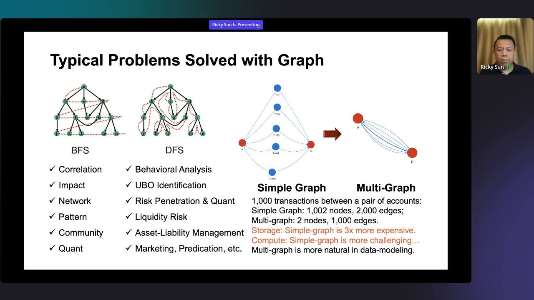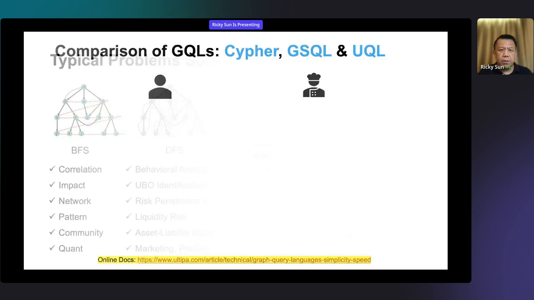Also smart marketing and intelligent prediction with more accuracy. A lot of things can be done. In the real world, a lot of algorithms or traversals are not exactly BFS or DFS. It could be a combination of both. It really depends on the requirements.